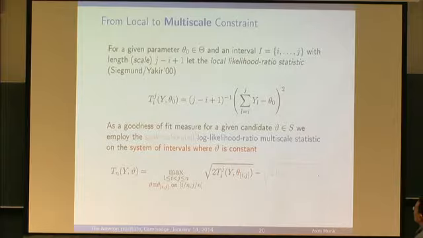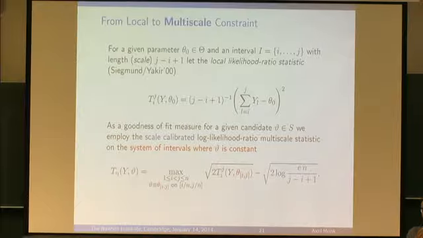That's what I do. And then there is another term which is important, and that's what I call a scale calibration. I will show you the picture in a second. It puts the power of all these multiscale tests on equal footing, because of course this depends on the length of the scales.